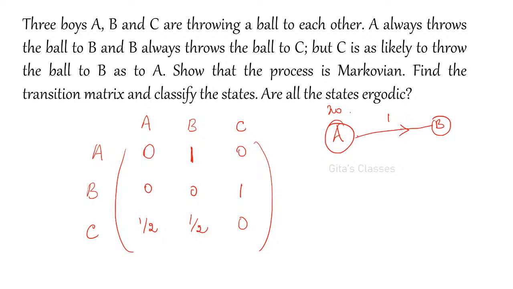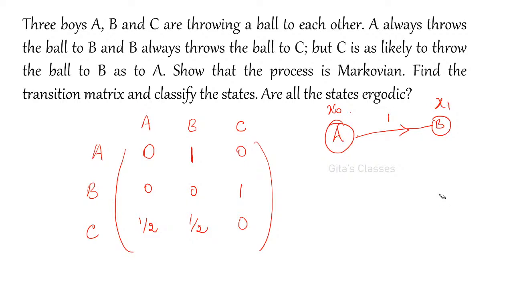So this is with probability 1. Now this is state x1. Initially the ball is with A and A is always throwing to B with probability 1. We are writing the probability here. So this is x1.